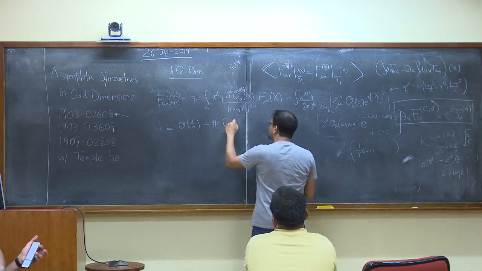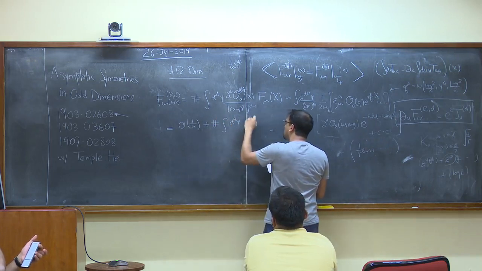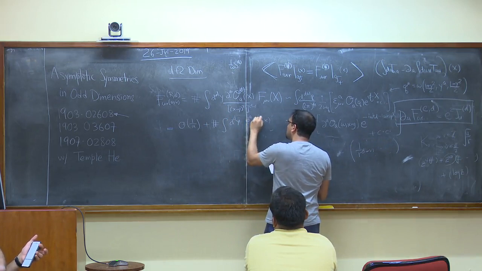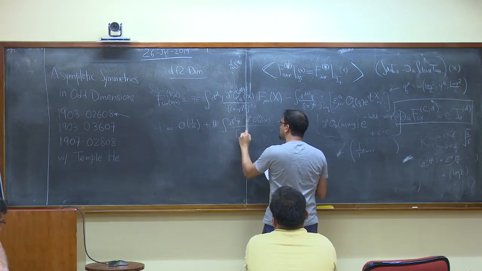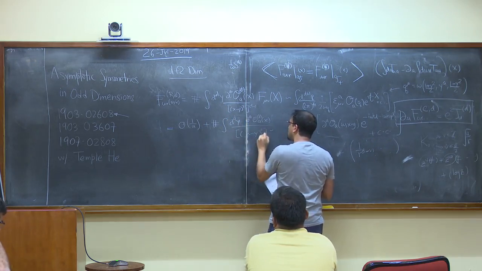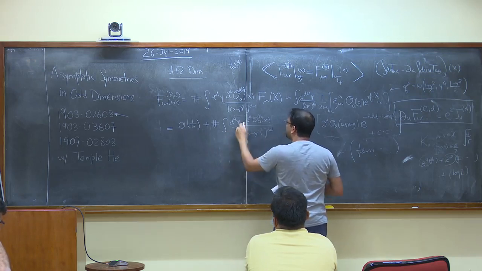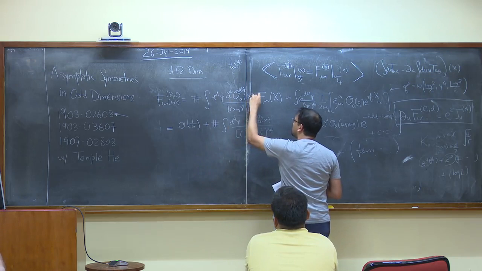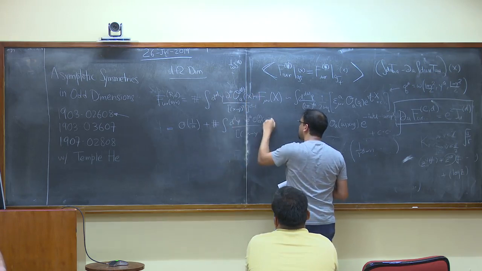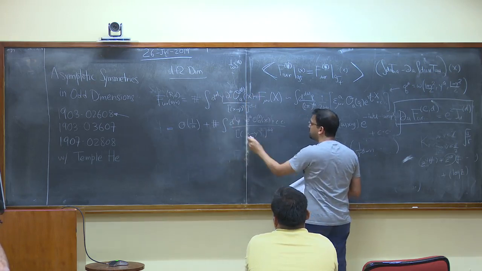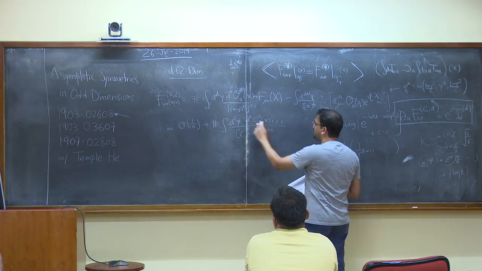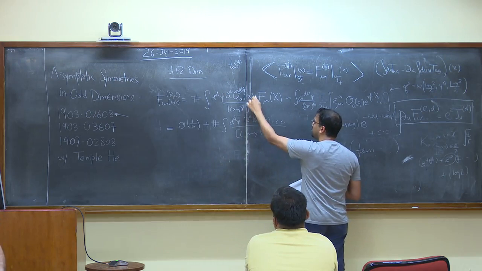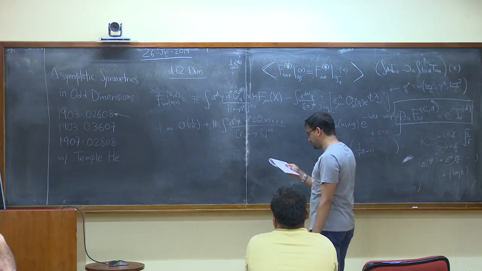You get exactly this term, and I should really say it's the complex conjugate. Notice that because of the presence of i, there's a minus sign here, whereas there's a plus sign there when I do the complex conjugate.